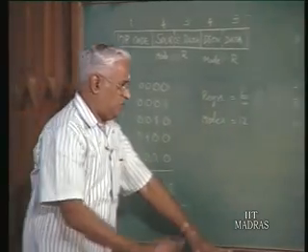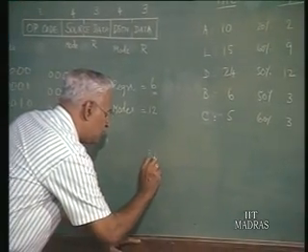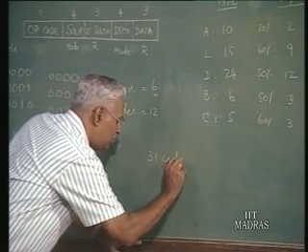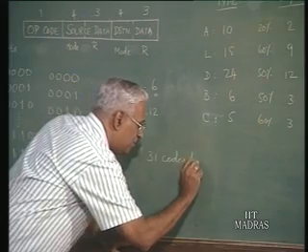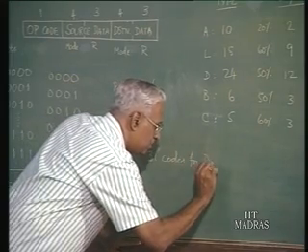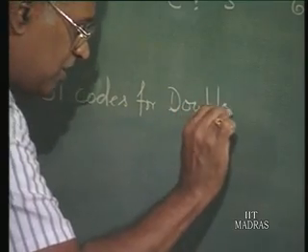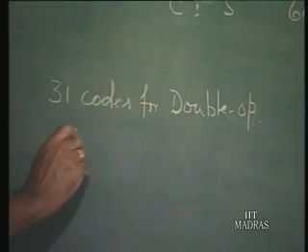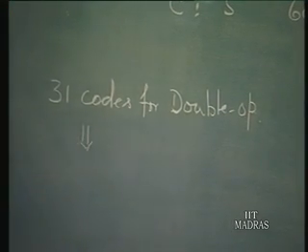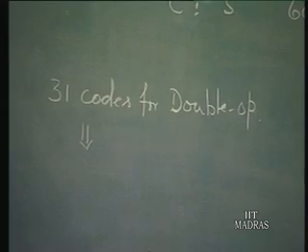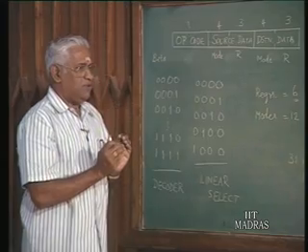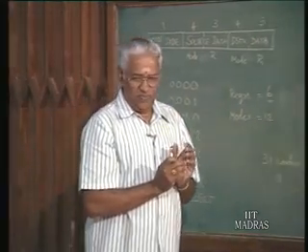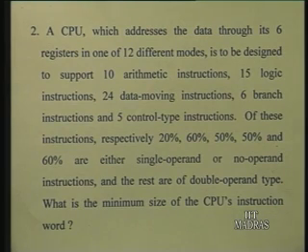Now that means we need 31 codes for double operand instructions alone. What does it mean? Which means again going for the minimums, take a look at the chart again, let us remind ourselves the minimum size has been asked of.